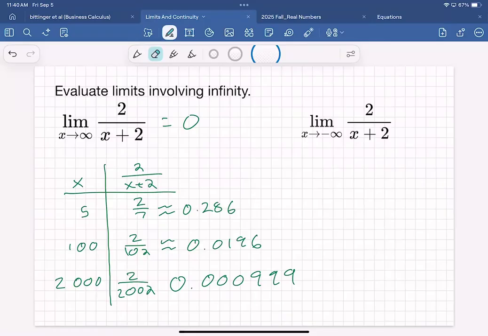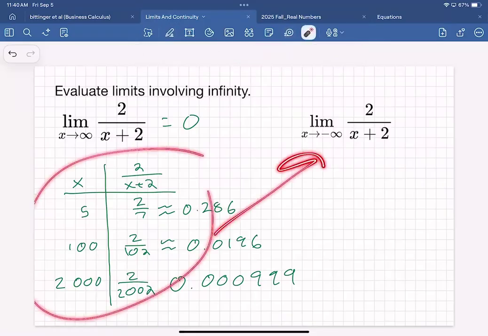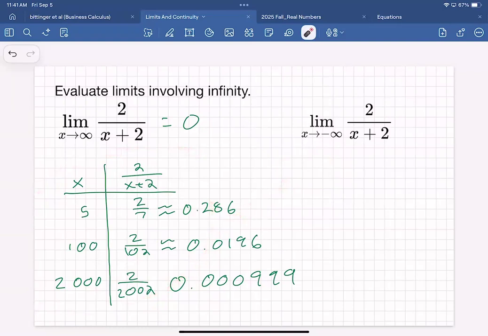With that said, if I took this table and I did it with negative infinity, what's going to change? Well, yes, right? Because we're plugging in negative numbers now. Now, there are some exceptions, right? If I plug in -1, -1 plus 2 is 1. But if I plug in -100 and I add 2, the result will still be what?